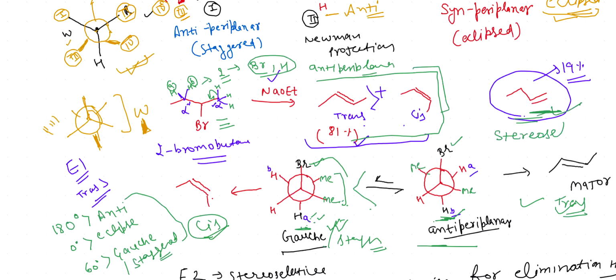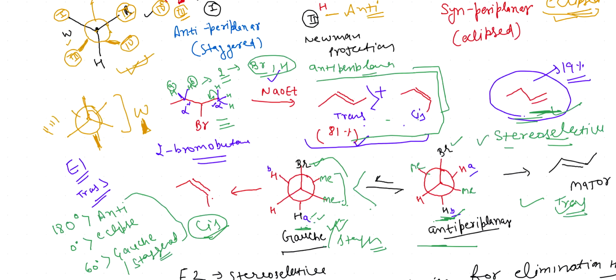Stereoselective. Clear? So whatever the stereochemistry of the reactant is, it gives a product in dominating amount. Here one is more dominating than the other. So for that we will use the term stereoselectivity.